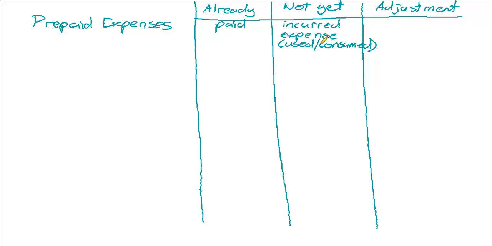The example that we looked at was insurance policy premiums. We've paid the premium but we've not yet used it, therefore the other entity owes the business services or products.